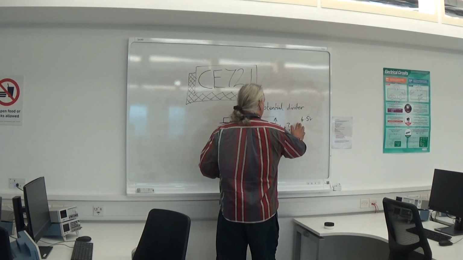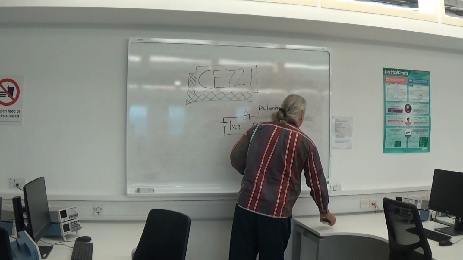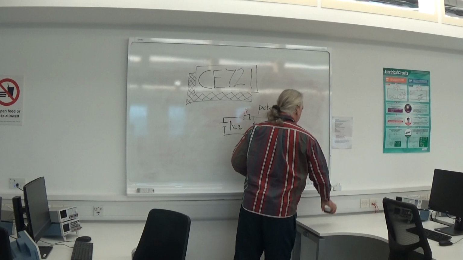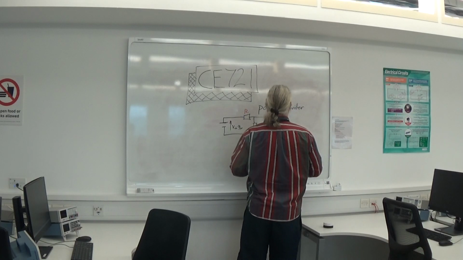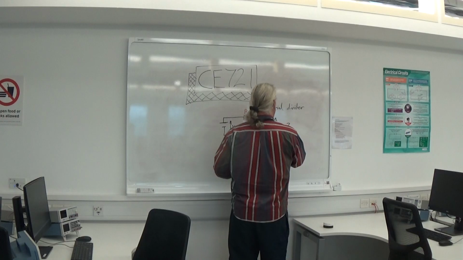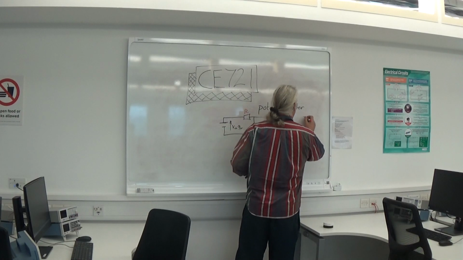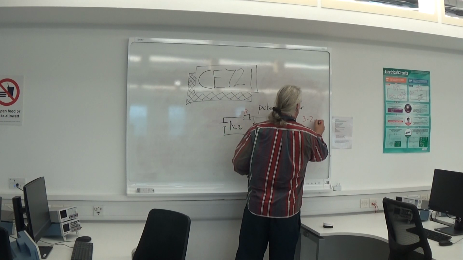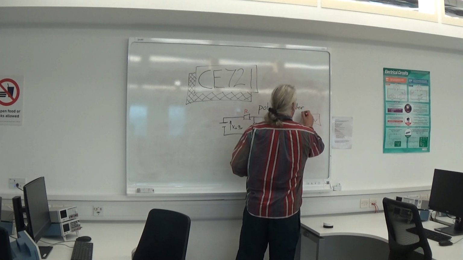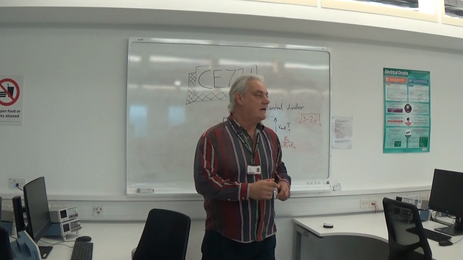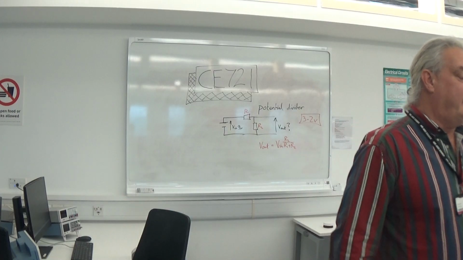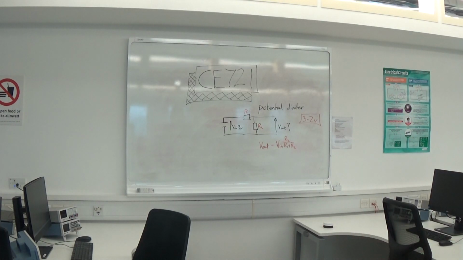Okay, so with that in mind, what I'd like you to do, and I'll give you 3 minutes to do this, is I'd like V out to be 3.2 volts. Okay, off you go. I haven't got any sweeties today. I might bring some sweeties in for this type of thing.